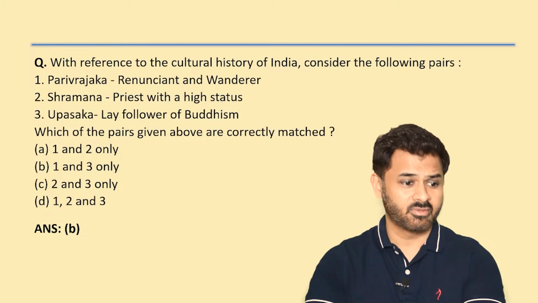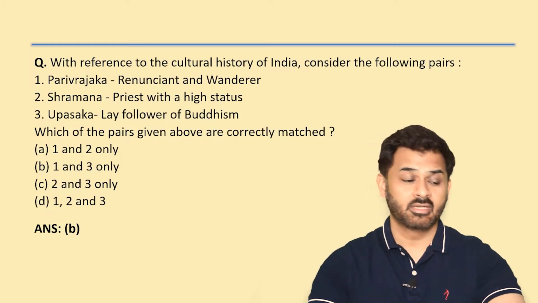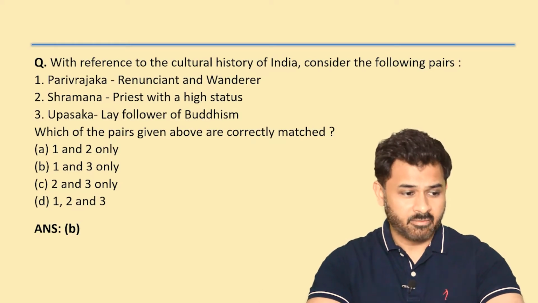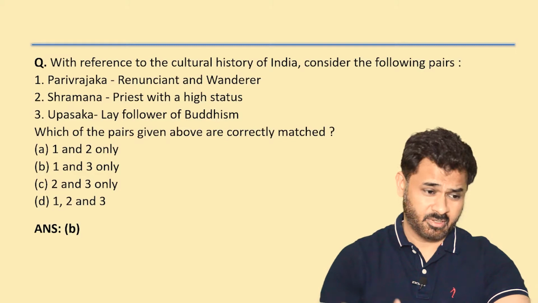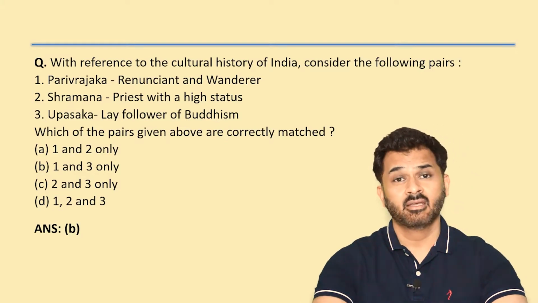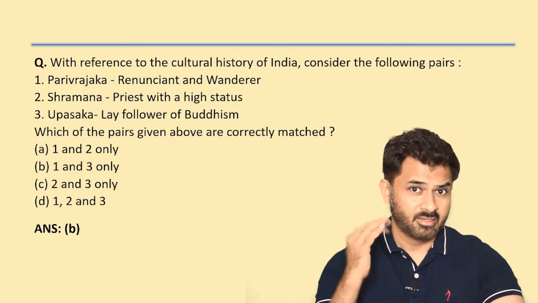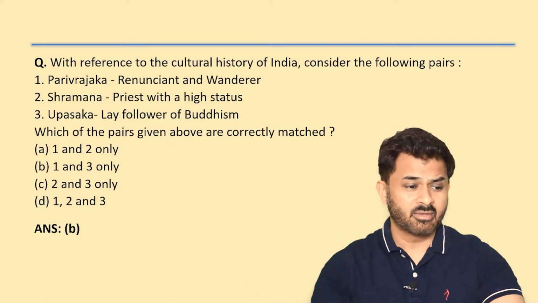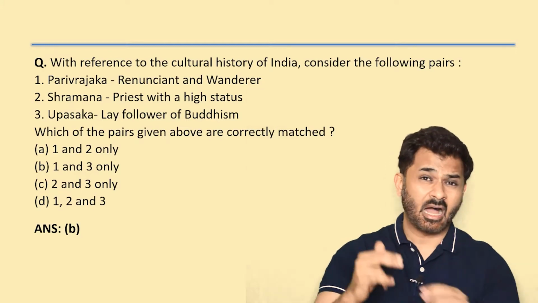Now another example: these terms used here are related to the cultural history of India. Parivrajak. I don't know if you have come across this, but it looks like a renunciant or a wanderer. It's a term related to that. The word Shaman comes from shram, those who are working. Now, priest with the high status.